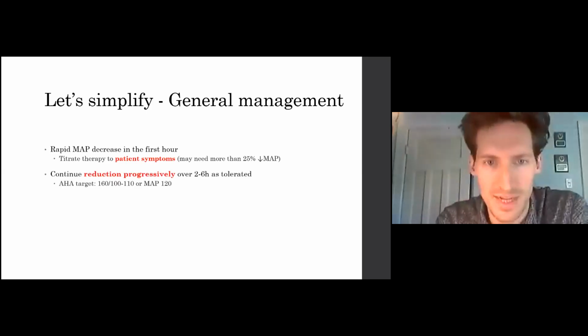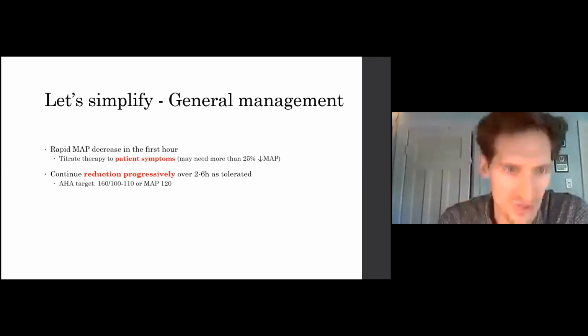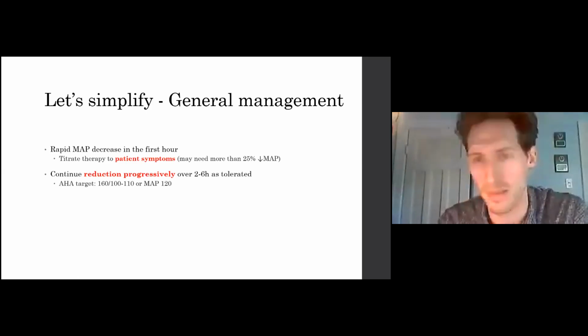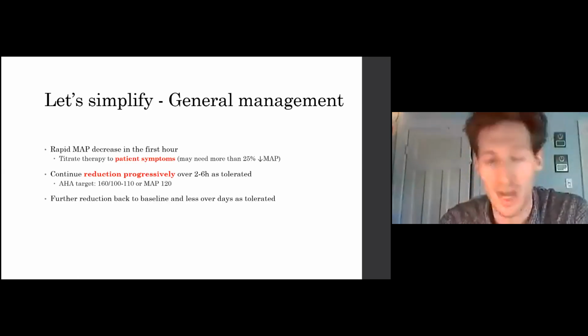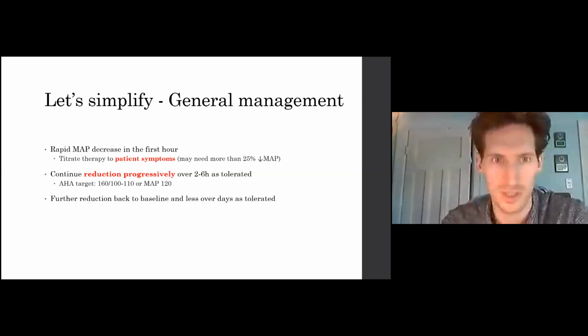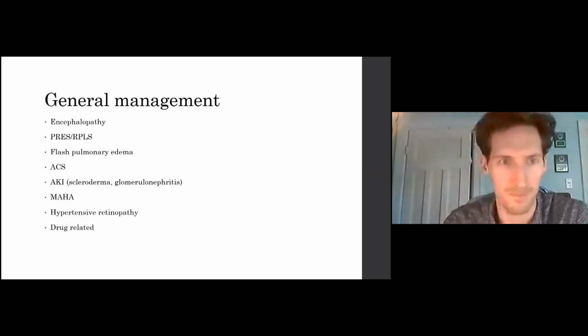Once you've reached that target in 1 hour, you continue to reduce progressively over the next 2 to 6. The AHA target mentioned basically an equivalent MAP of 120. And then after that, over the next couple of days, you continue reducing and try to smooth them into a relatively normal blood pressure. So that was for the general management, the targets to reach.